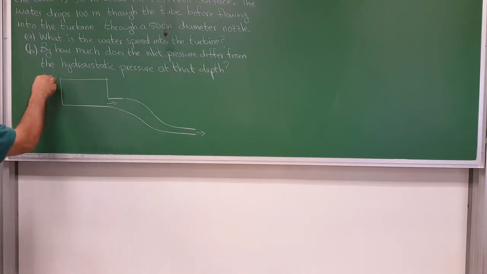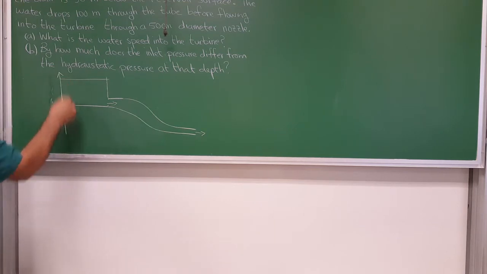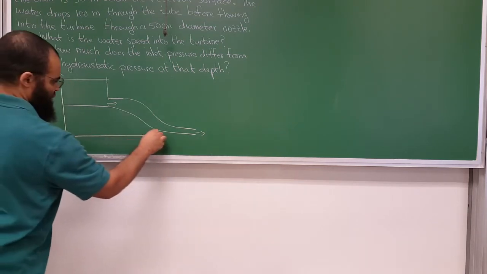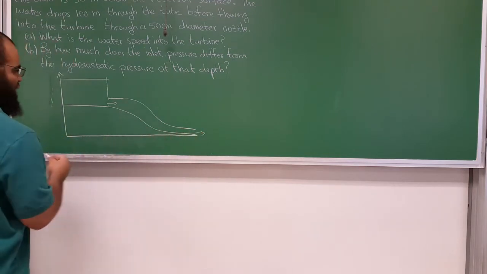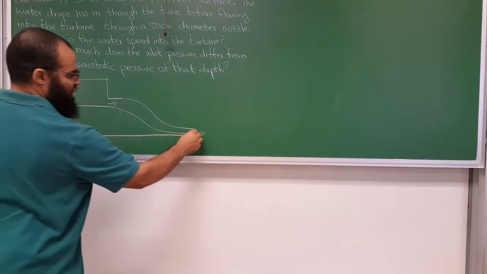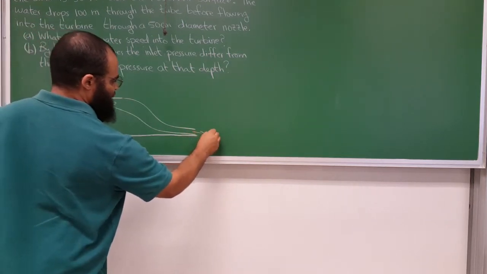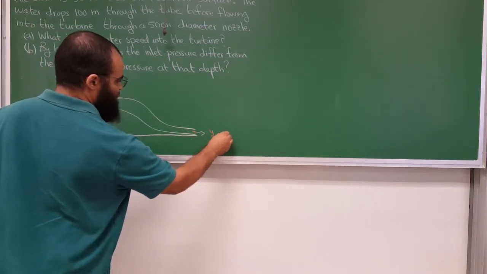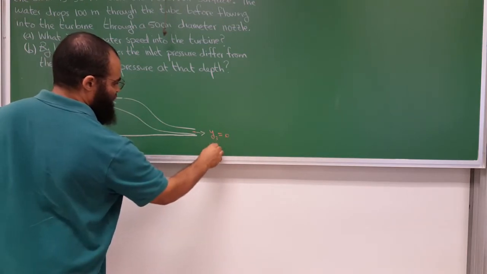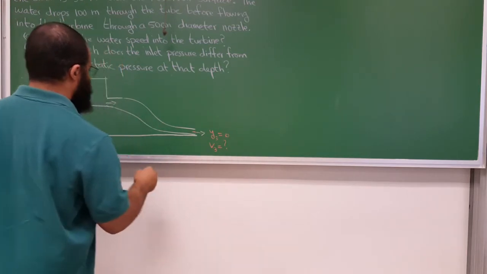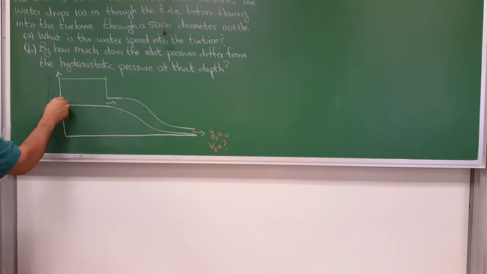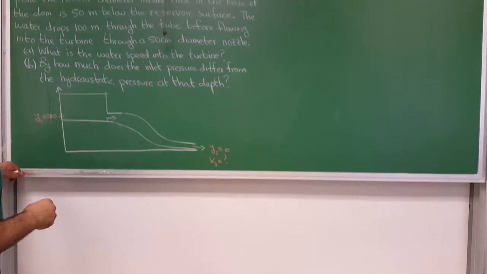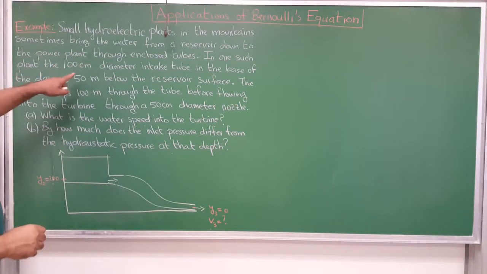And if we were to draw the coordinates, namely the y coordinate really, I can call this here y3. So this is y3 equals 0, and v3 we're trying to find. This point here is 200 meters above it, so this is y2 equals 200 meters.